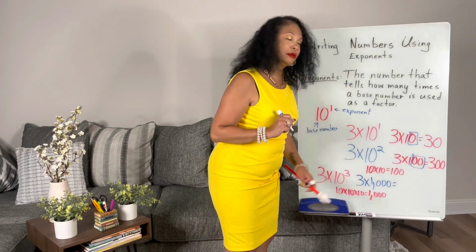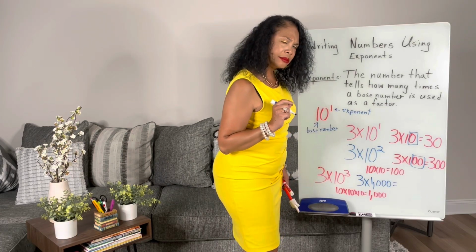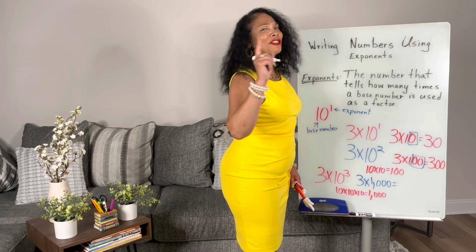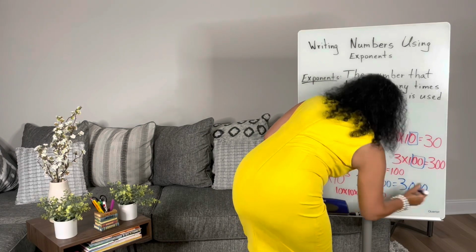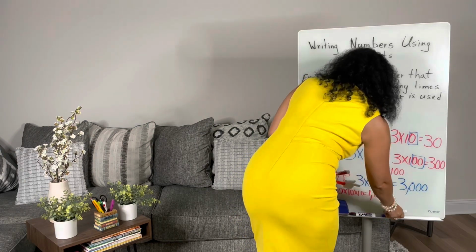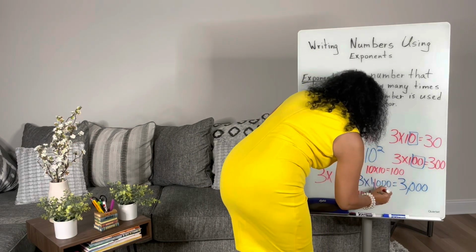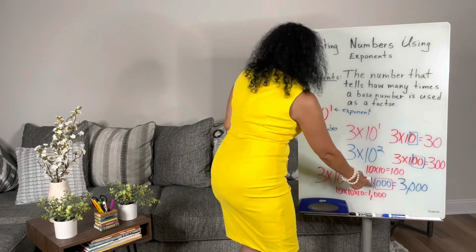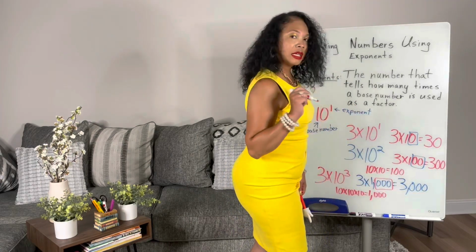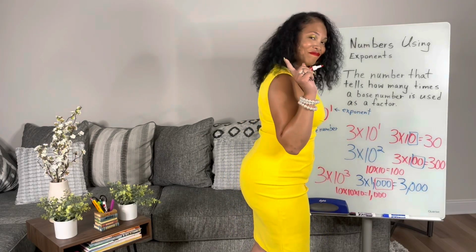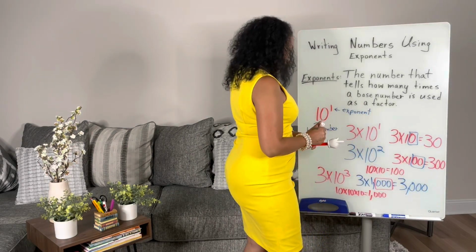So 3 times 1,000 equals, what do you say? I hear you loud and clear. 3,000. That's right. And remember, if you ever get confused, you can always box up these zeros so you can see your basic fact, 3 times 1, which equals 3, and you boxed how many zeros? 3 zeros. 1, 2, 3. And that equals 3,000.